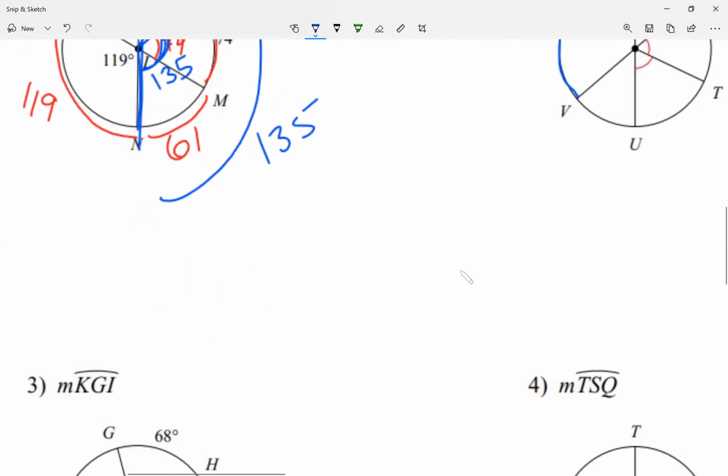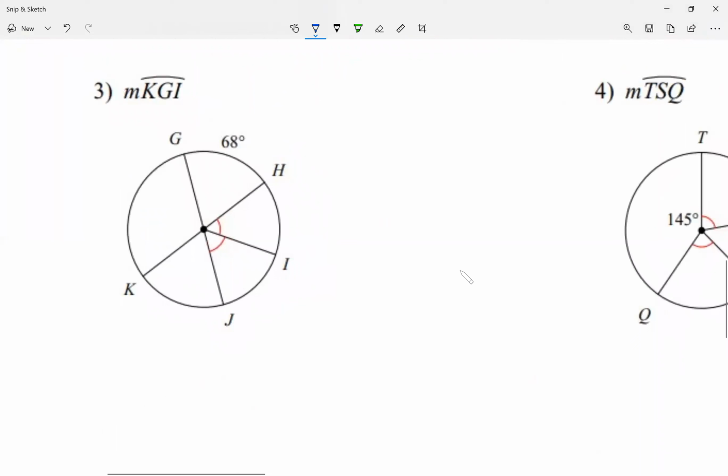Let's take a look at another example, question number 3. Now this instruction looked like an arc. You guys see the curve on the top, but it has 3 letters. When I name an arc, I can either use 2 or 3 letters. So I'm going to connect K, G, and I. It has to be a continuous connection. So let me intentionally do it wrong.